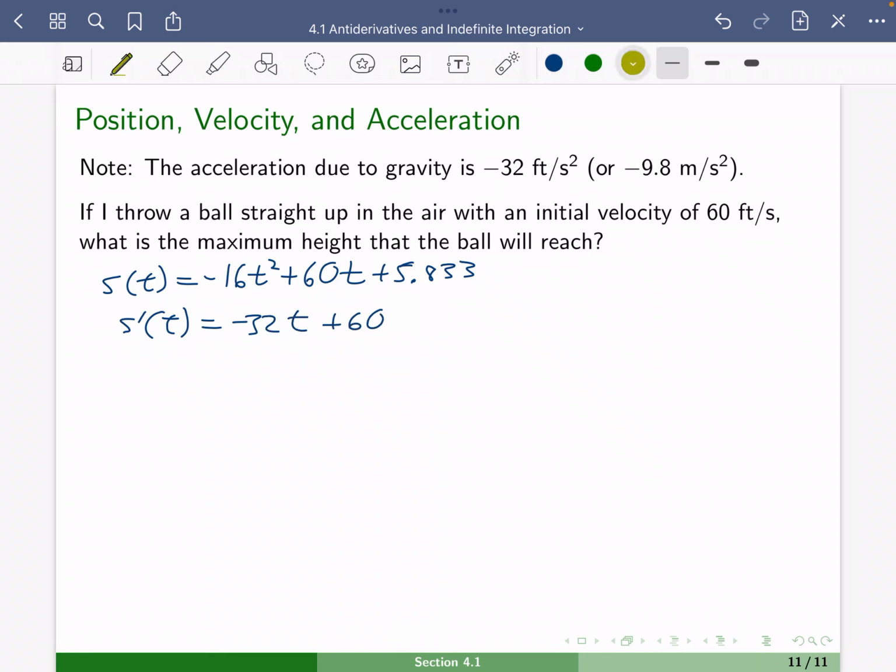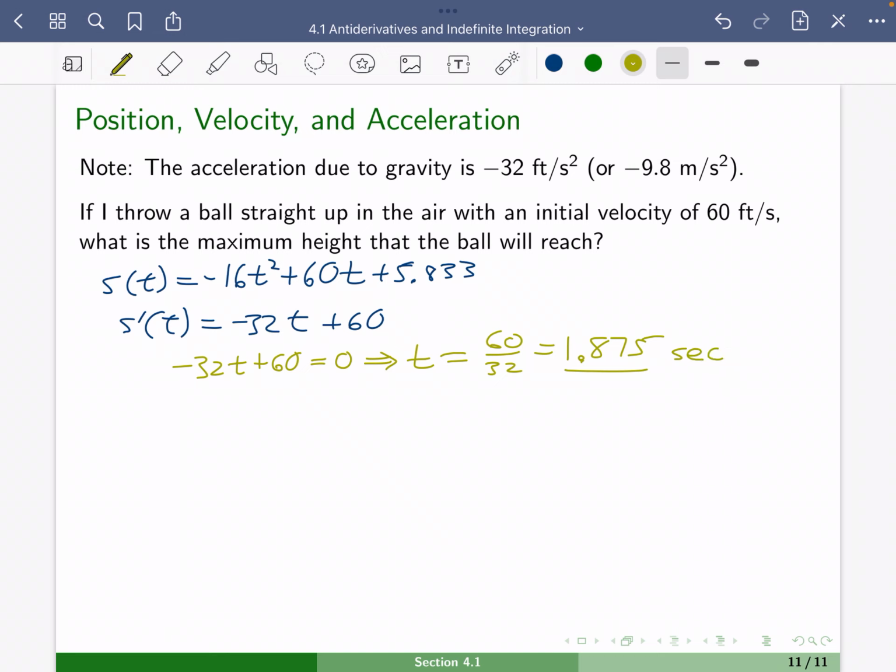Set that derivative equal to 0, find those critical numbers. So t is 60 over 32, which is 1.875. So our maximum height is going to occur after 1.875 seconds.